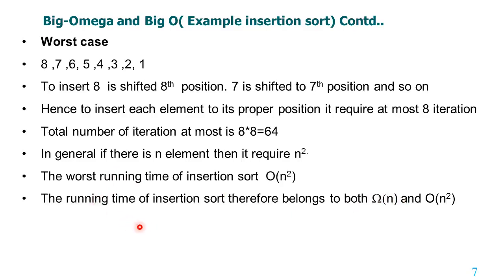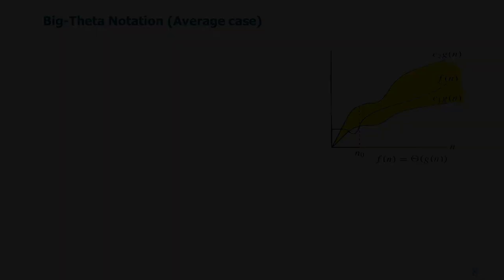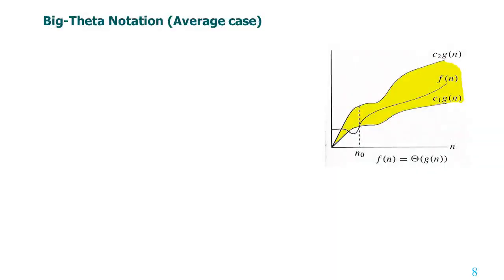In this way we can define another notation, known as theta notation. Theta notation means that the running time lies between big omega and big O. As we said earlier, there are two bounds, a lower bound and an upper bound.